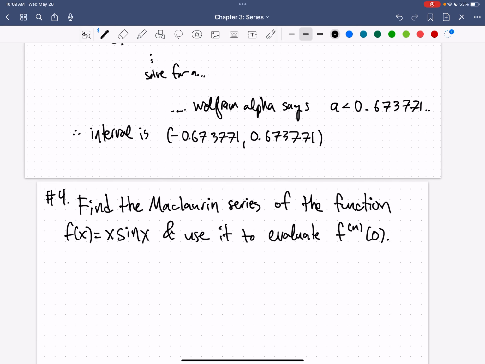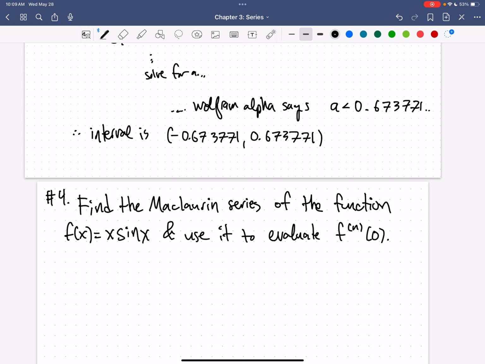Okay, so example 4. We've got to find the Maclaurin series for the function f of x is equal to x sine x, and then use that to find what the nth derivative of the function is at 0.